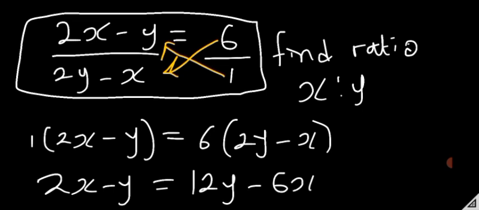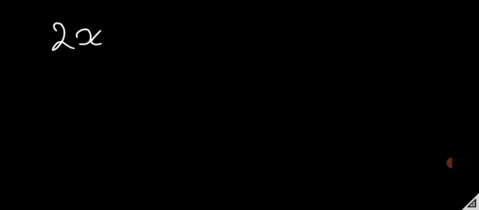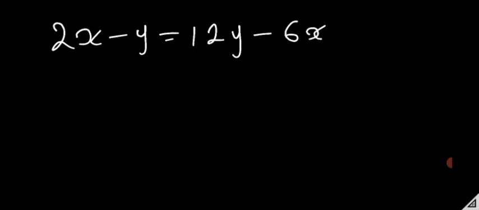Minus 6x, right? Okay, so from this now, we do what we call collection of like terms. We collect like terms. So we now have 2x minus y is equal to 12y minus 6x, right?